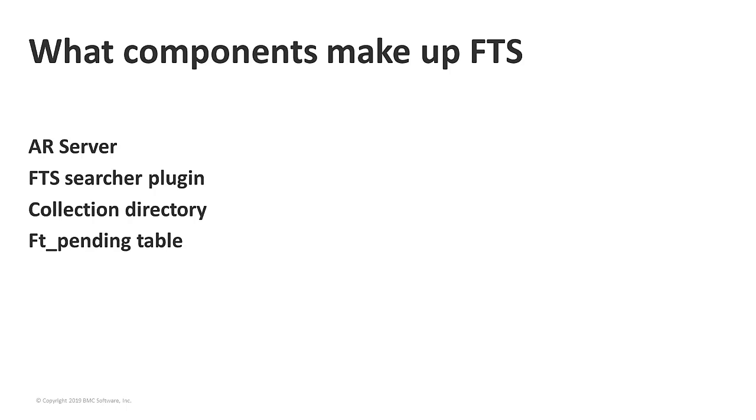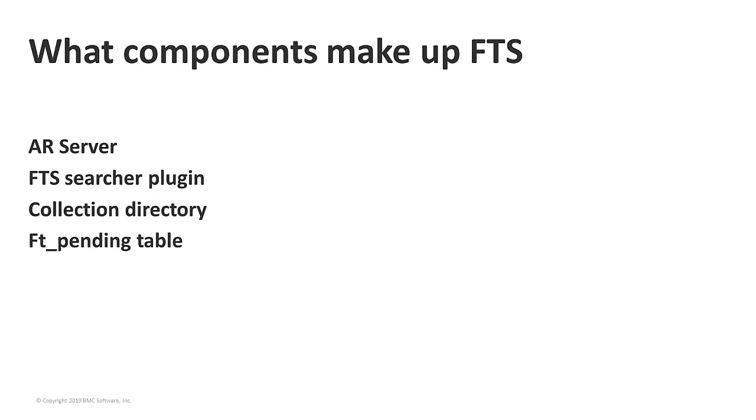The AR Server, together with the FTS Searcher running in its own plugin server, is called the FTS Server. Only the AR servers designated as FTS Indexer servers service the FTS queue. However, any AR server within a server group adds to this queue when servicing an API call that alters data on a field marked for FTS.